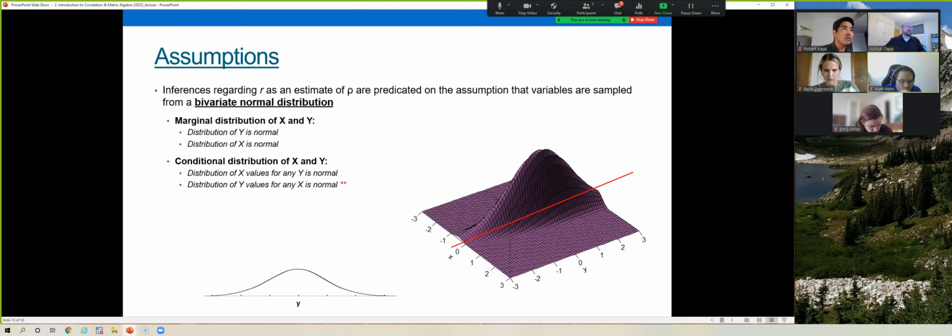Okay, but if we're just talking about correlations, this is part of the complex distributional assumptions of x and y if we're going to attach strong meaning or interpretation to that coefficient. Okay, so people kind of get the idea of the marginal distributions and conditional distributions.